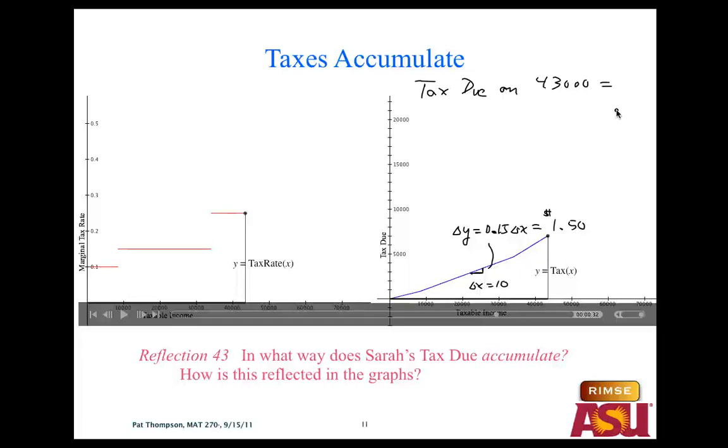So think about bits like this. This is how much the tax due goes up for, say, an increase of $10 earned. So how can we represent the total tax due on 43,000 in this context as it accumulates?